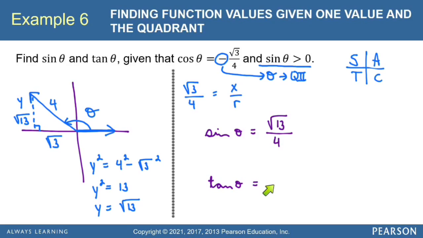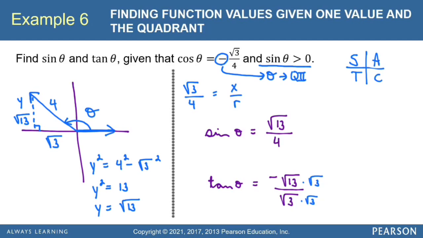And now for the tangent of theta, we know that for a quadrant 2 angle, tangent is going to have to be negative. So let's go ahead and put down our negative sign. And then let's think about the definition of tangent, which is y over x. So that's going to be square root of 13 over square root of 3. And of course, for this one, we need to rationalize the denominator. So let's multiply top and bottom by square root of 3 because we want to eliminate that square root of 3 in the denominator.